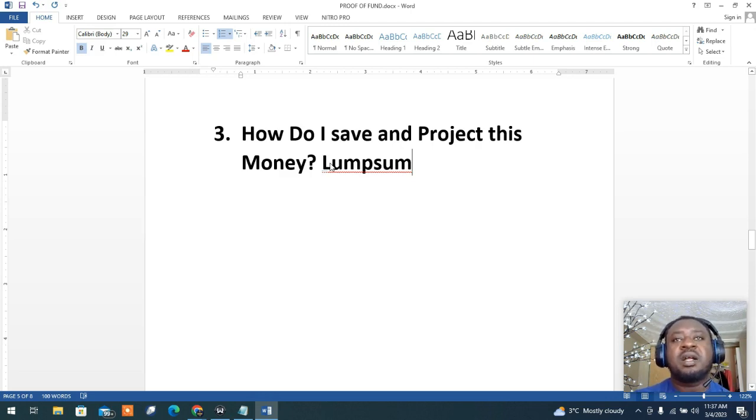Because having the money in your account is one thing, and explaining where the money came from is another thing. So somebody may have up to 80 million naira in his account and be denied, while somebody who has just 15 or 12 million naira in his account with proper explanation will get his visa approved. So let's move to the next one.